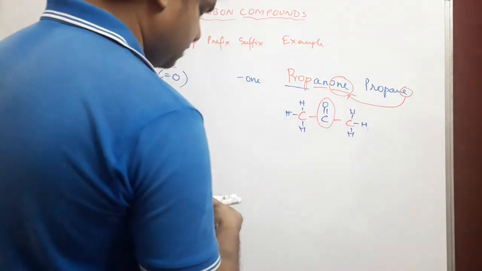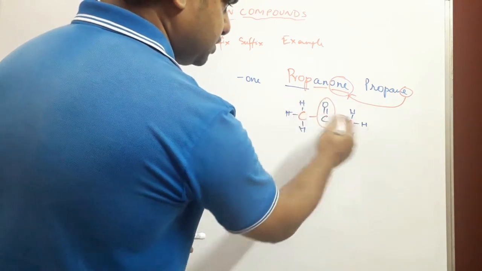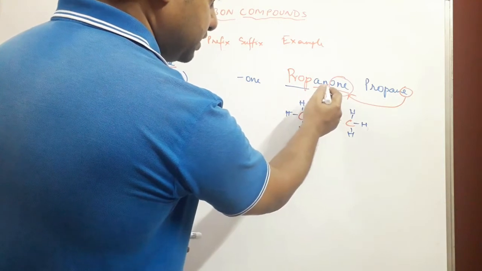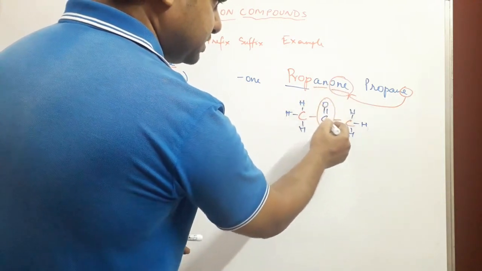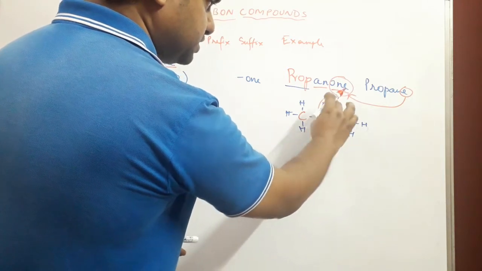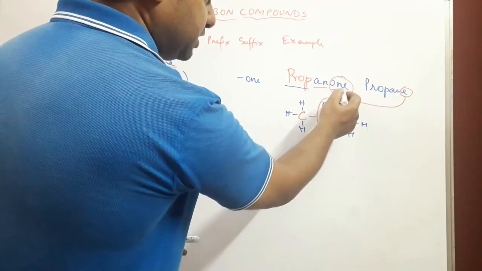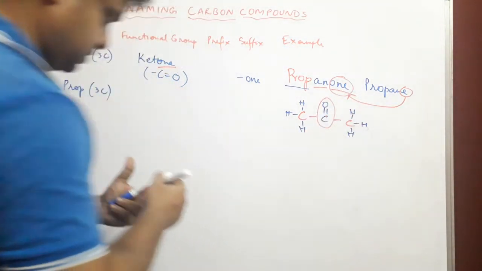Okay, three carbon atoms, 1, 2, 3, hence prop. En because they are all single bonds, this double bond doesn't count in giving you propanone. This is completely together as a unit, and that is why this is a functional group of ketone, hence one, propanone.